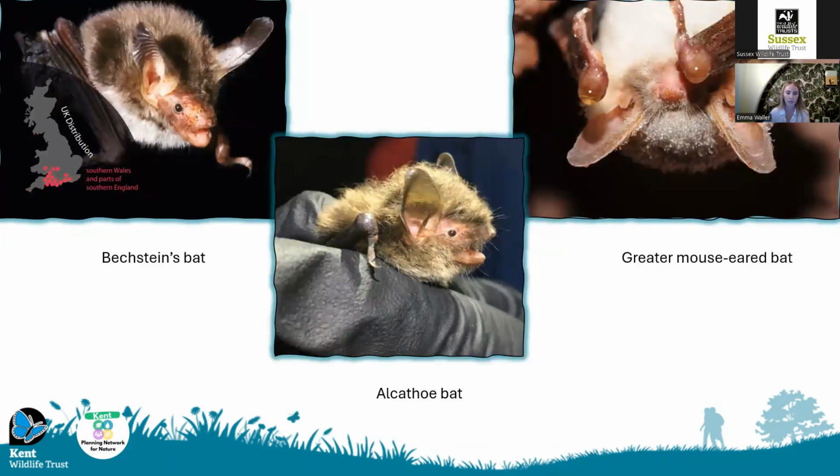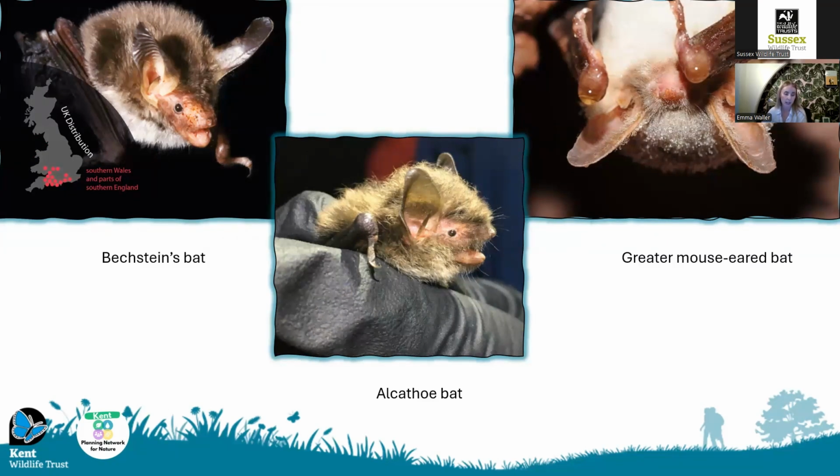So the last 3 myotis species are probably some of our rarest species we have in the UK. So the first is the Bechstein's bat, which is only found in South East Wales and parts of southern England. So in 2019, I was extremely lucky to help discover the second only known maternity roost in Kent, which might now sadly be the only maternity roost in Kent, as the first one, discovered in 2012, was sadly accidentally destroyed during some tree clearing works by the landowner.